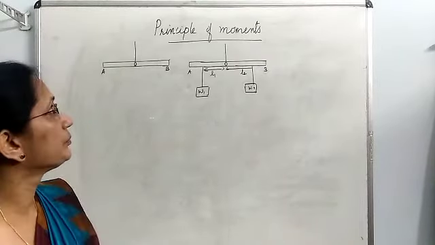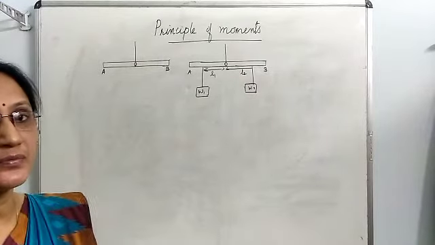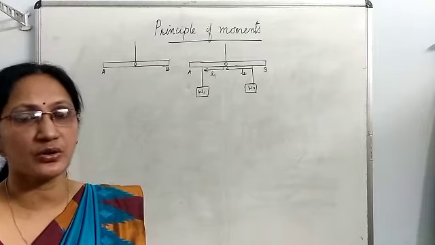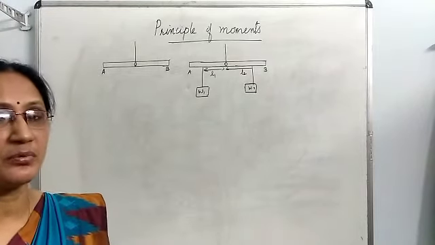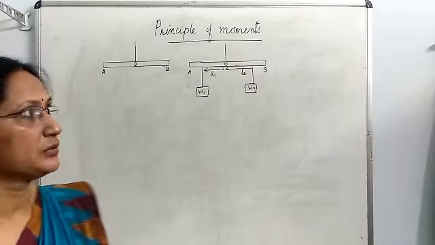Next topic, principle of moments. This principle says that if the sum of anti-clockwise and clockwise moments acting on a body is 0, the body will be in equilibrium. Look at this example.